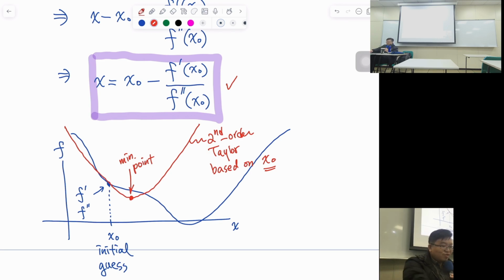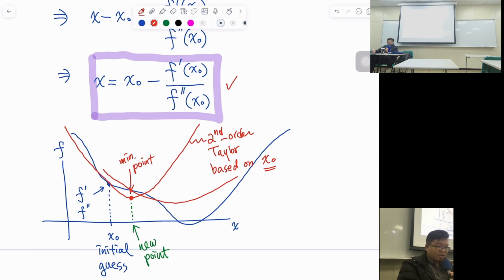So what you can do next is to use this new point as another round of Taylor expansion. So maybe in the second round you will have another approximation. It may look like this.